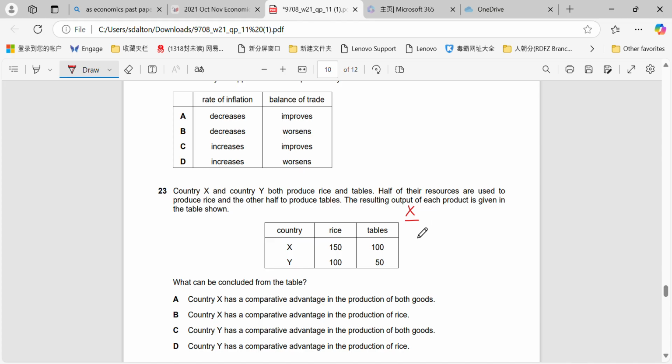For country X, the opportunity cost of producing one rice is 0.6, or 0.67 tables. The opportunity cost of producing one table is 1.5 rice.